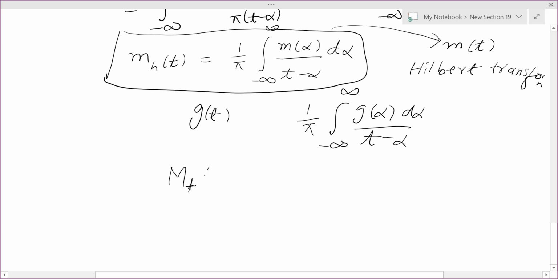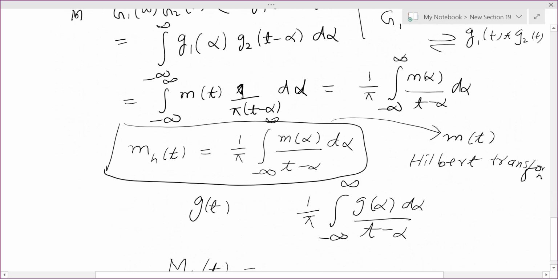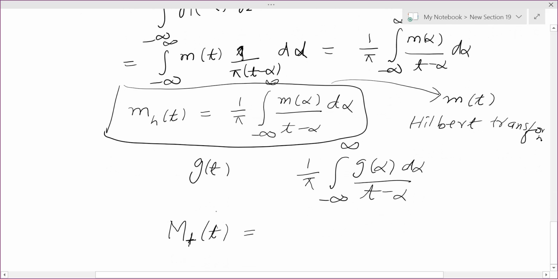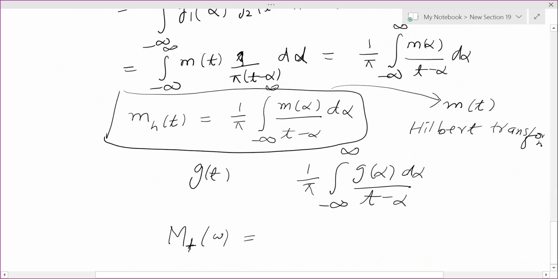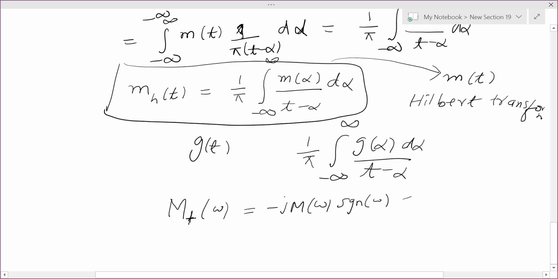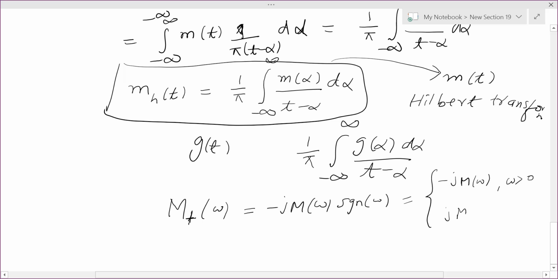So you see m_h of t has Fourier transform, sorry, M_h of omega, which is given by minus j M of omega signum of omega, and which can be written as minus j M of omega for omega greater than 0 and j M of omega for omega less than 0.